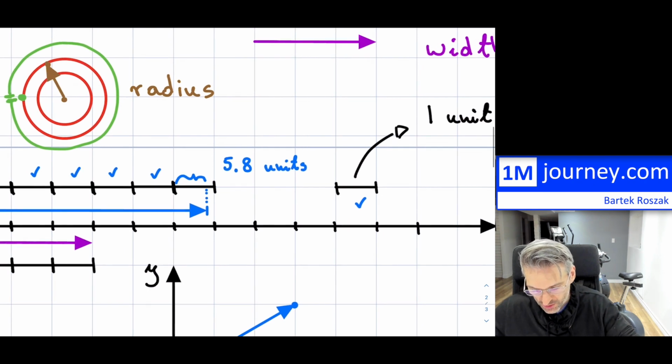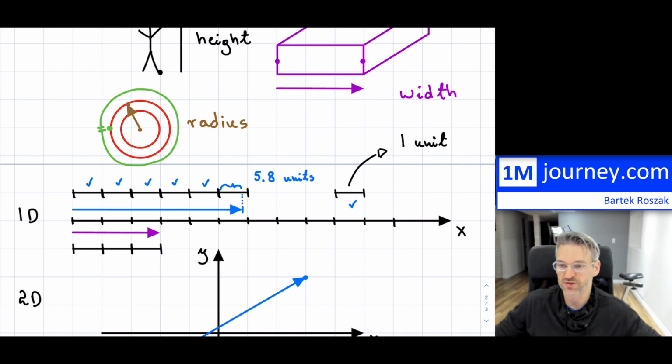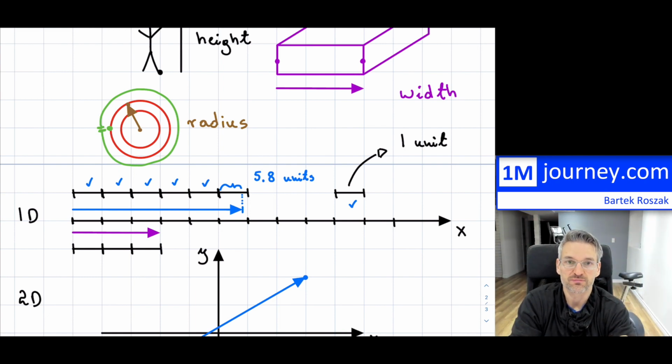Now, these units that I'm referring to, I just made up. I just said that this is going to be 1 unit, and now I can say that the distance from one point to another is 3 units, or 5.8 units. And 1 unit just means it's a fixed amount that we made up. If you're thinking about distances, there are actually many units which have now been standardized.